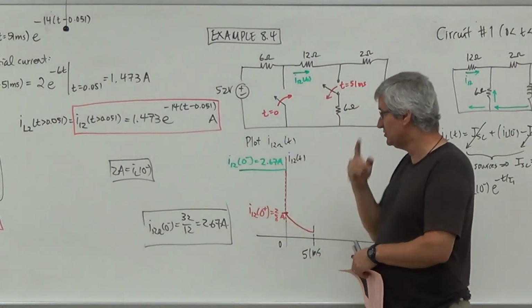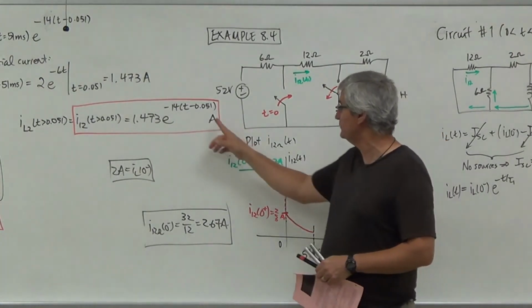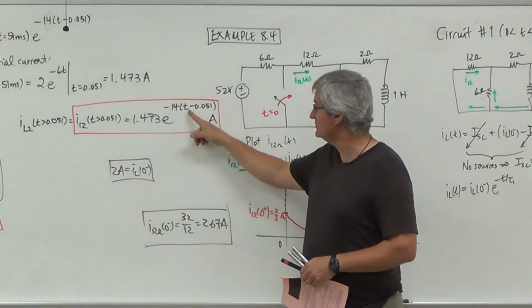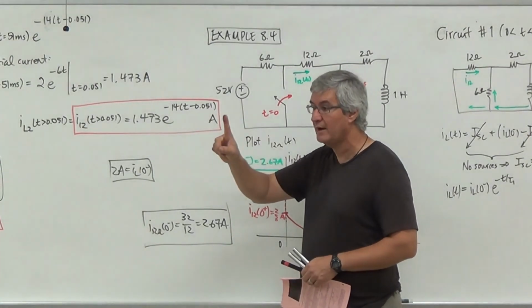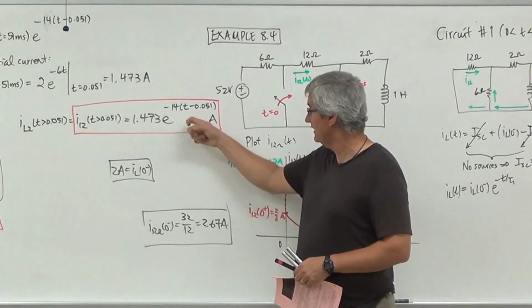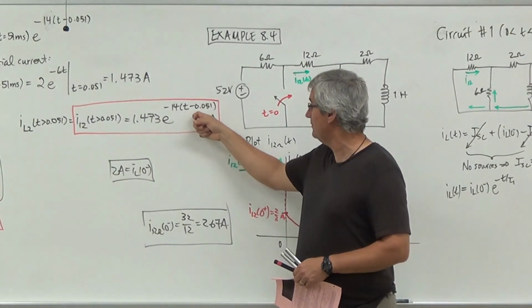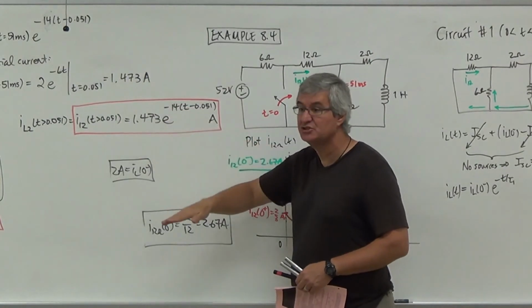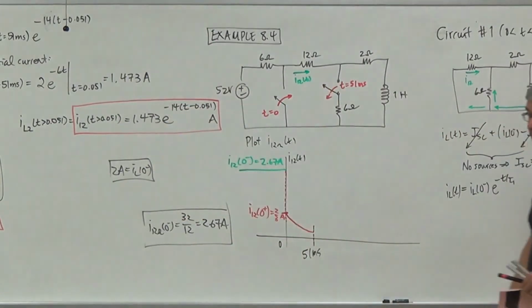Now, the issue here is that at t equals 51, that term right there kills this exponential so that it's 1. So what happens? At t equal to 51 milliseconds, this whole term goes to 1, and you can see that there's a jump in the current.